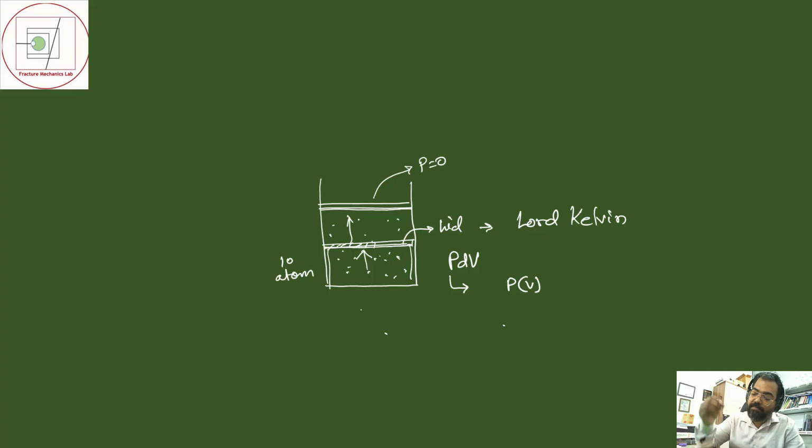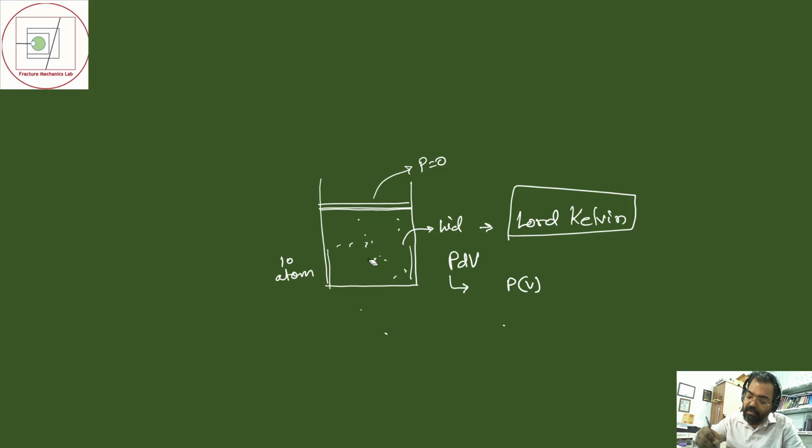Okay, so what Lord Kelvin thinks is, will it stop at some point? So there will be a scenario when volume will be so large that, so okay, so now let us think that we have only one atom. Okay, so instead of 10 atoms, we have only one atom here, only one single atom.